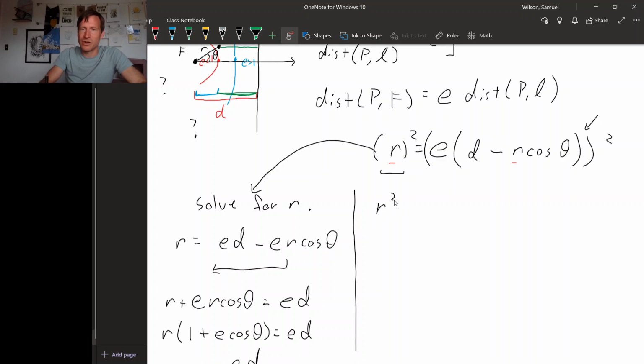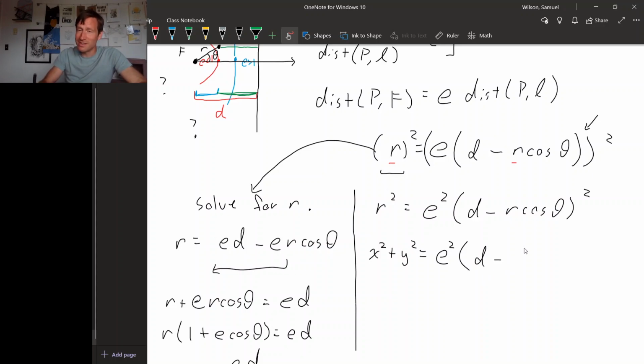This would give us r squared equals e squared times the quantity d minus r cosine theta, squared. Now the r squared on the left, that's x squared plus y squared, if we want to use rectangular coordinates, equals e squared times the quantity d minus, and r cosine theta in rectangular coordinates, that's just x. So that's squared.